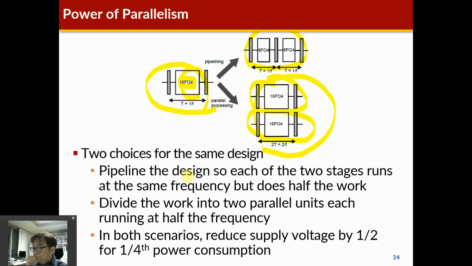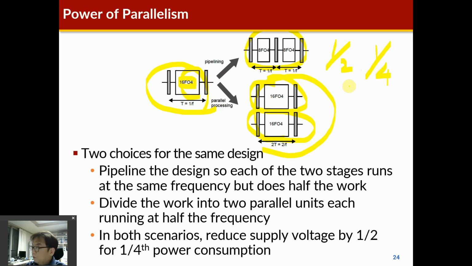So in this case, we can reduce the supply voltage by half. So the dynamic power is reduced by 1 over 4.